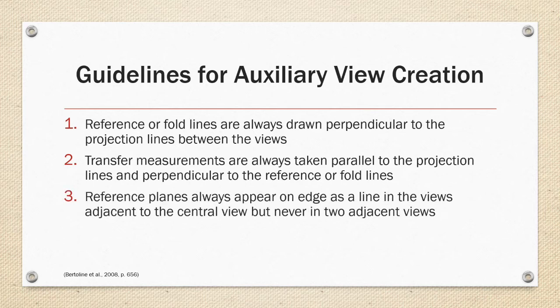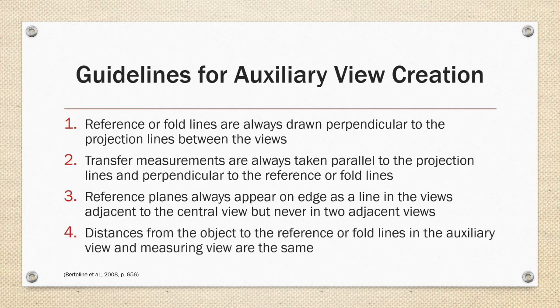Third, reference planes always appear on edge as a line in the views adjacent to the central view, but never in two adjacent views. Fourth, distances from the object to the reference or fold line in the auxiliary view and measuring view are the same.